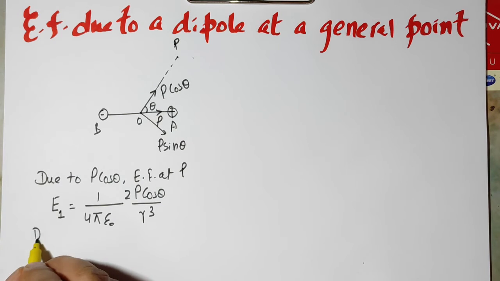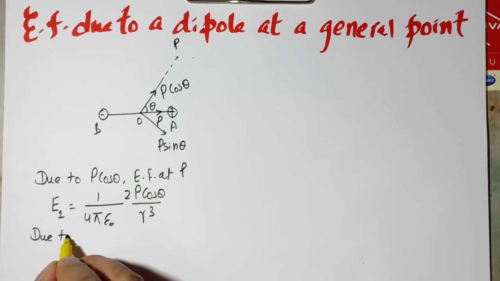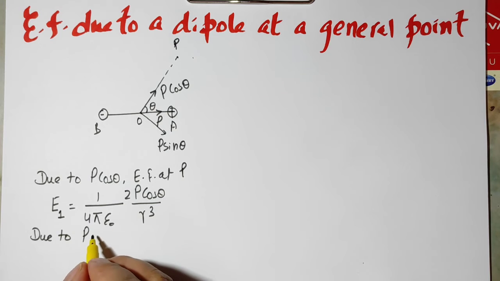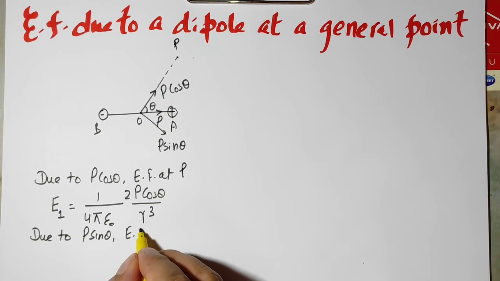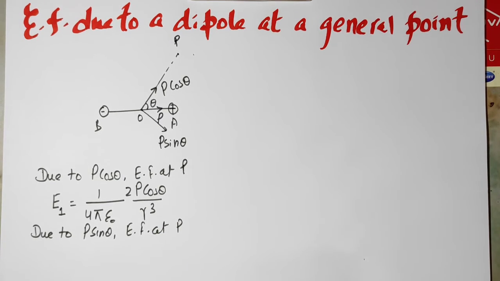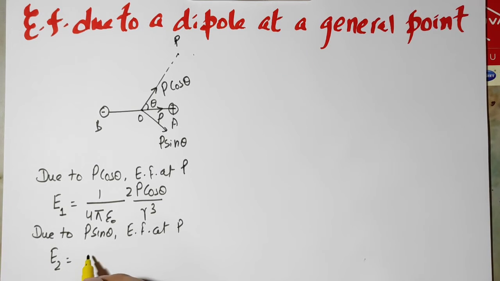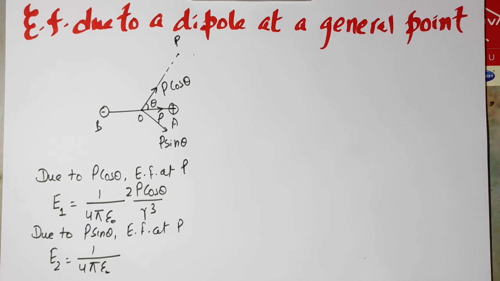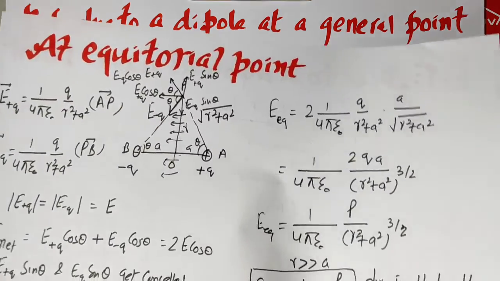And second, due to p sin theta, electric field at p is E2, okay, 1 upon 4 pi epsilon naught. Now I'll show you the other one, equatorial position.